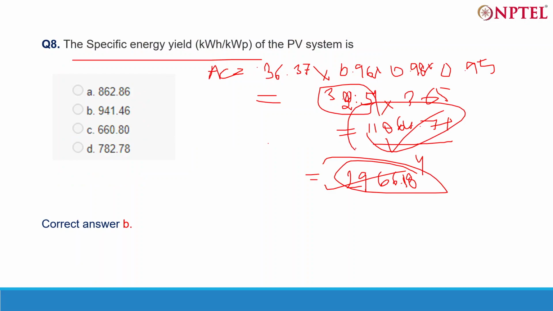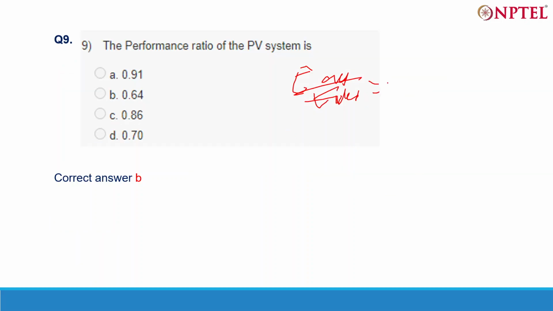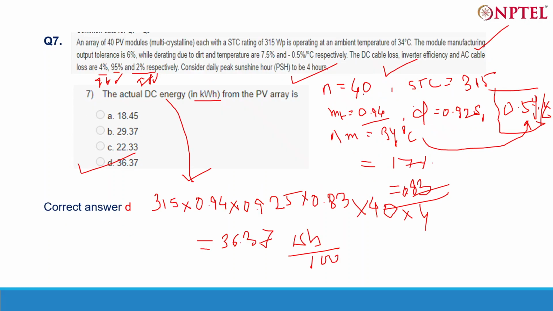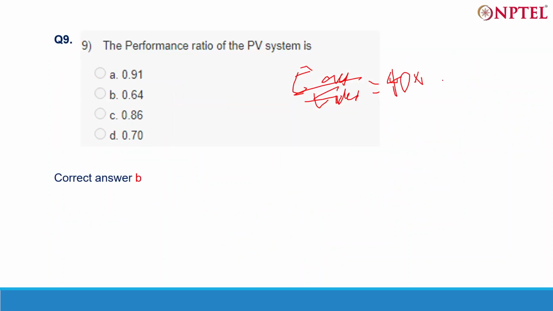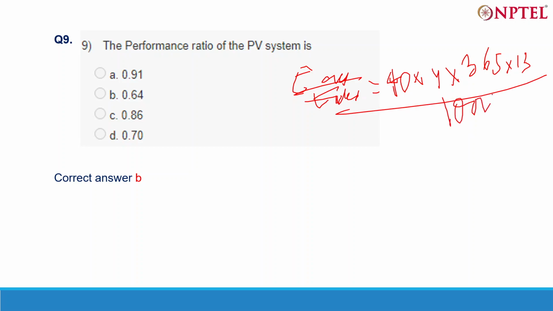But you need to calculate the E actual, which you have calculated here. Then you need to calculate the E ideal, that is the ideal energy calculation. So that should be 40 into the 4, into 365, into 13 or something, and divided by 1000.